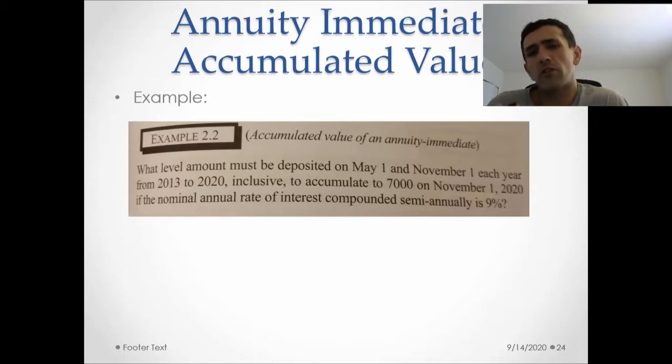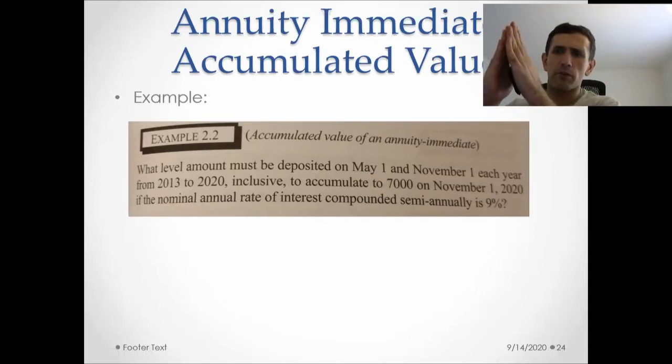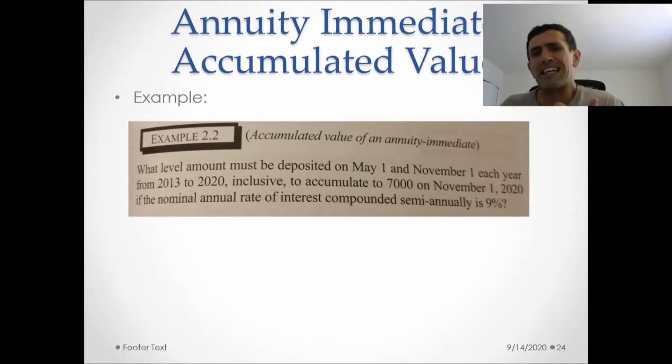What do these level deposits have to be? So first of all, level means constant, okay? All right, so let me draw a timeline to illustrate what's going on here. I should mention between May 1st and November 1st is 6 months, and likewise between November 1st and May 1st is 6 months. So these are 6-month periods.